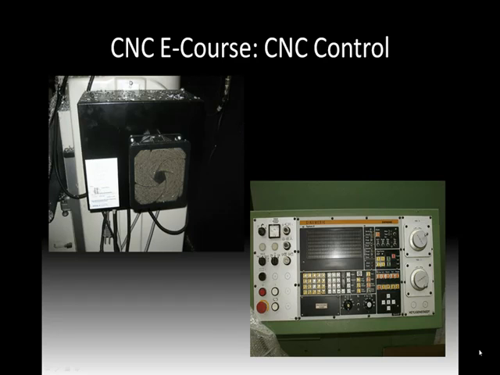Here you'll see a couple more on the left. This is the controller that's on the side of my Bridgeport mill. Completely enclosed. Came with the mill when I purchased it as a part of the entire package. And then on the right, that's an older, kind of solid state looking controller.